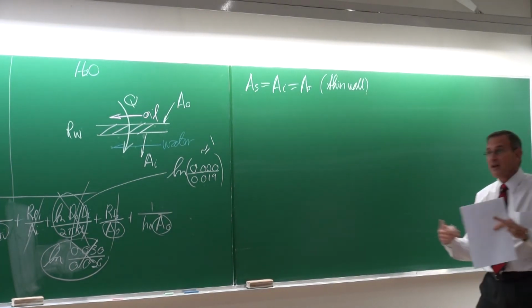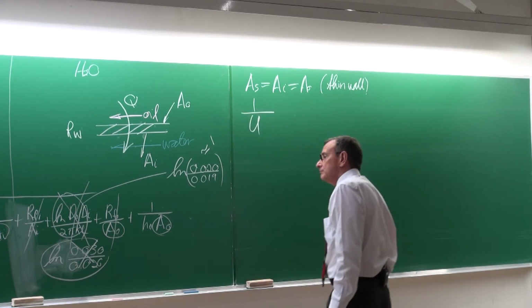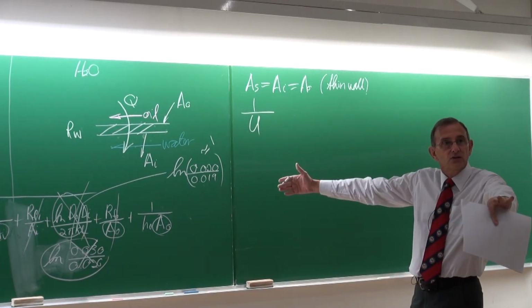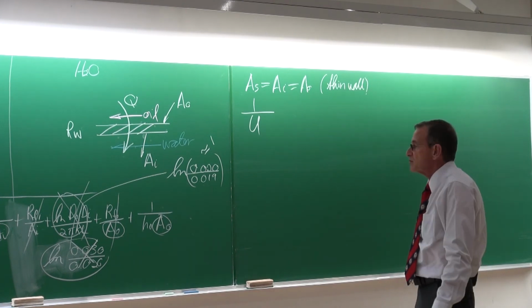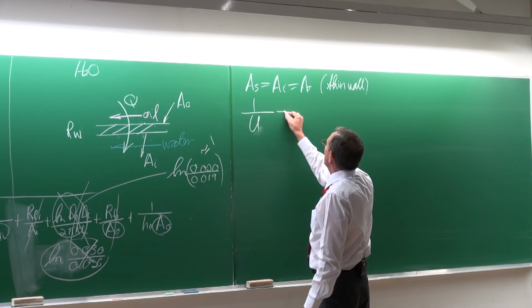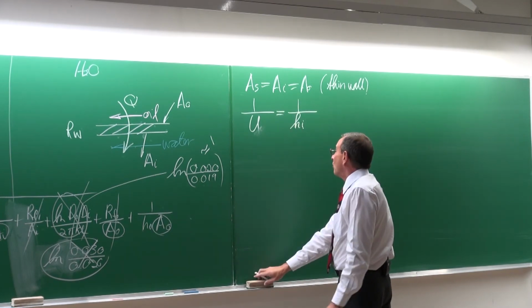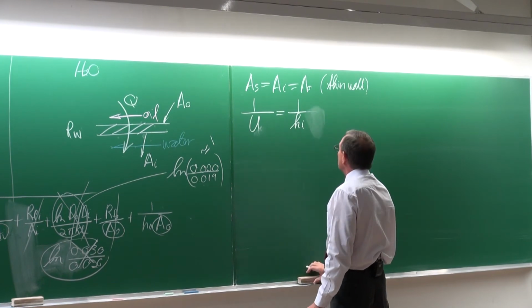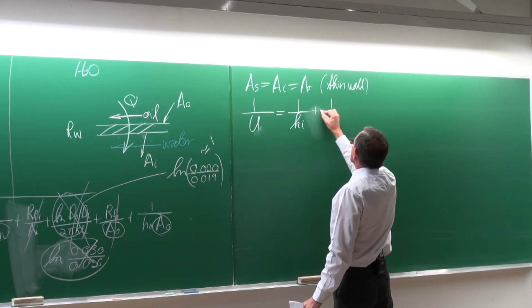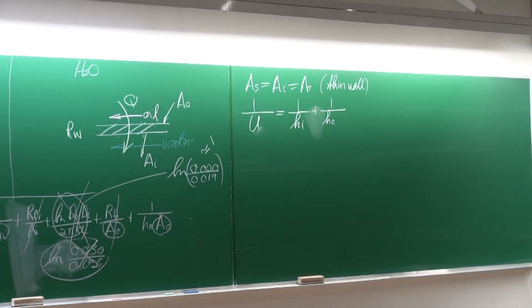Therefore, this equation, which is not nice to calculate if you've got all those terms to substitute, now reduces to 1 divided by the overall heat transfer coefficient is equal to 1 divided by the heat transfer coefficient on the inside plus 1 divided by the heat transfer coefficient on the outside.